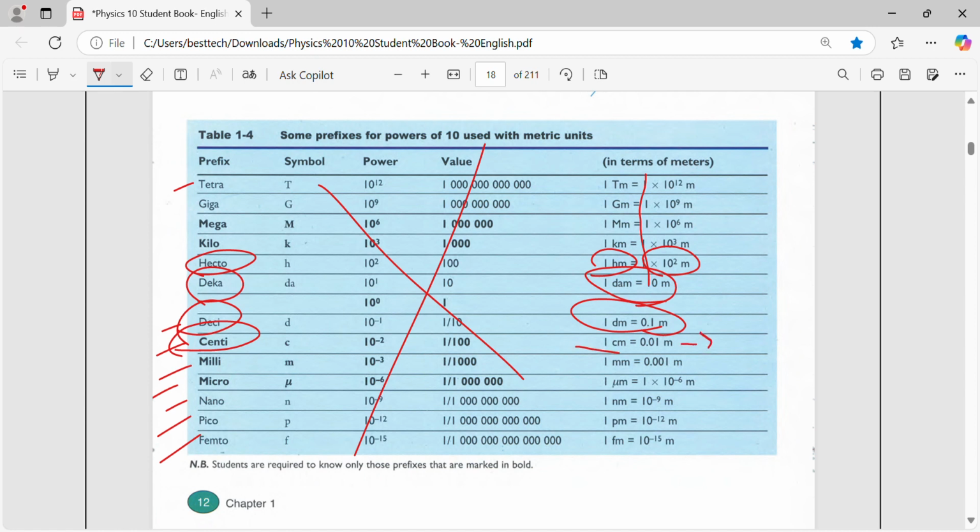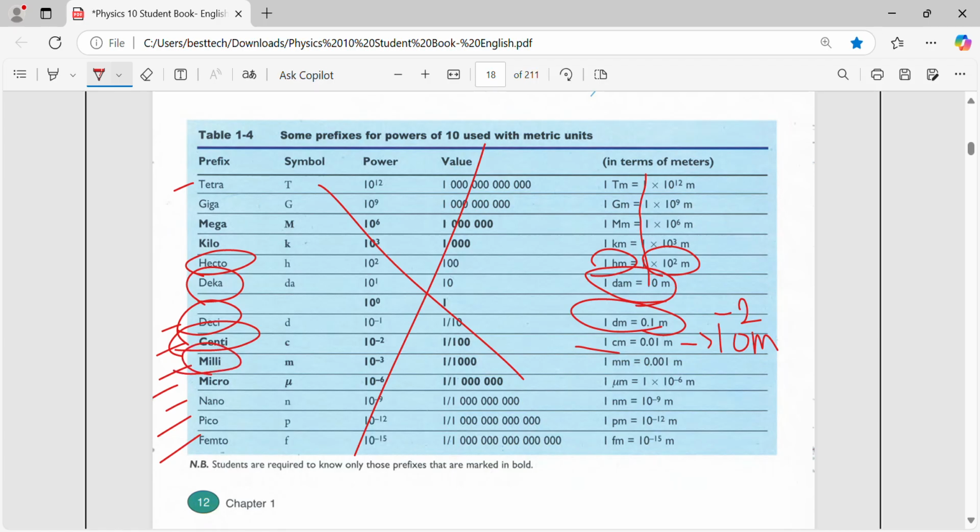1 centimeter, guys, we can write it like that. 1 centimeter equals 0.01 meter, or 10 power negative 2 meter. So 1 centimeter equals 10 power negative 2 meter.